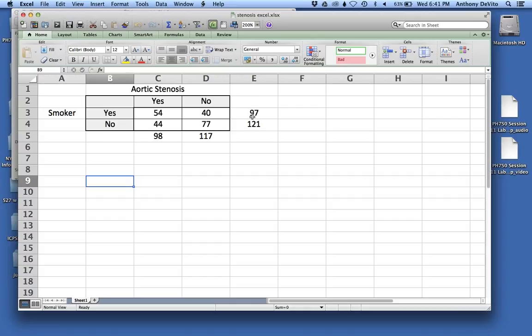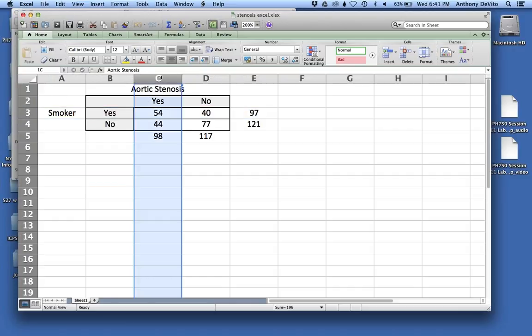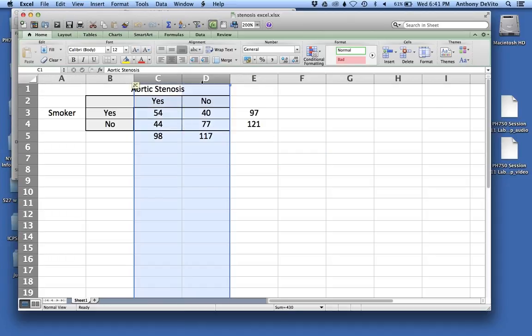Now, let's presume that we took a population of people that were experiencing aortic stenosis, and maybe we matched them with people of the same age range and so on, but who weren't experiencing aortic stenosis.